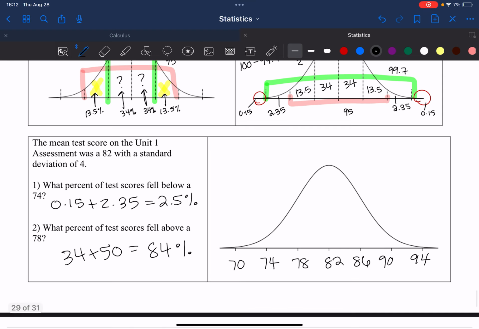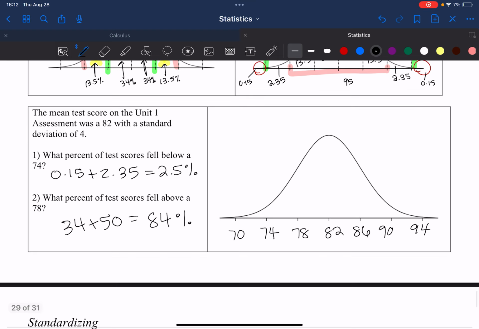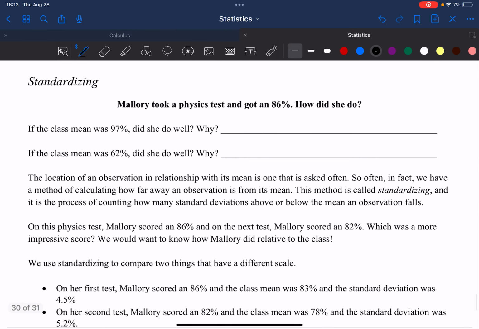So using the empirical rule, we can do something even quicker, and we can standardize the data. Okay, so let's look at this example here. It says Mallory took a physics test and got an 86%. In the first scenario, the class mean was 97%. Did she do well?